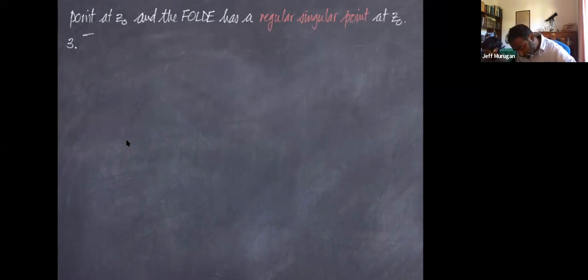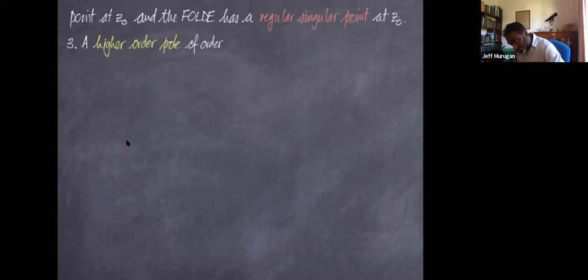So I just want to go through the last point, which is that if P of Z has a pole of higher order, let's call that order M, some M greater than 1.